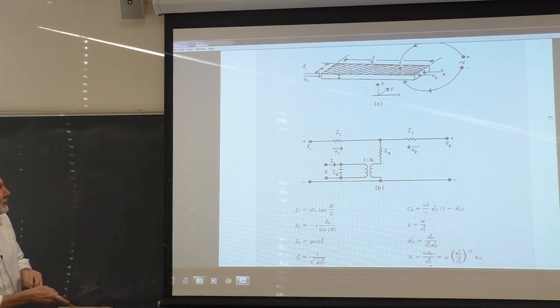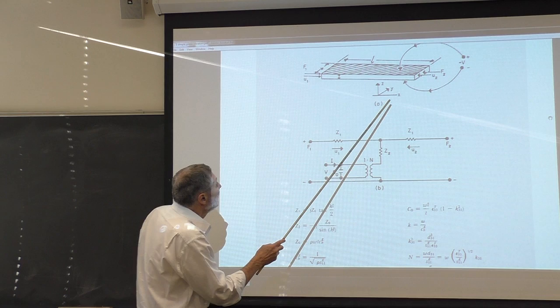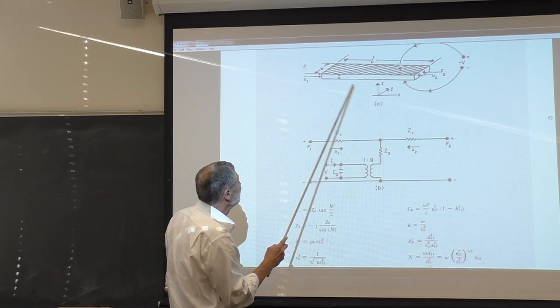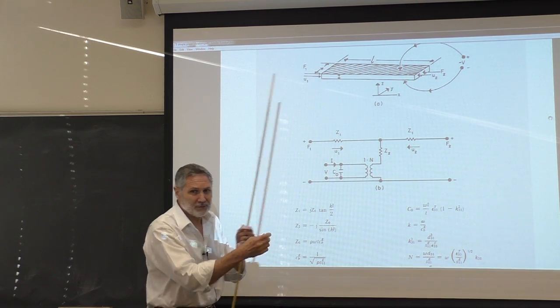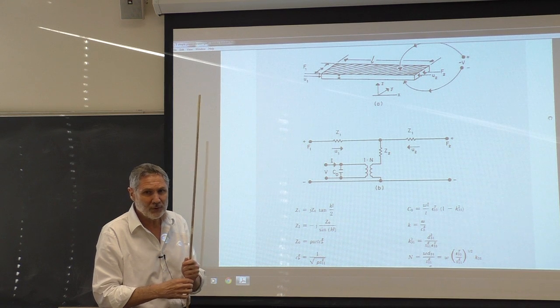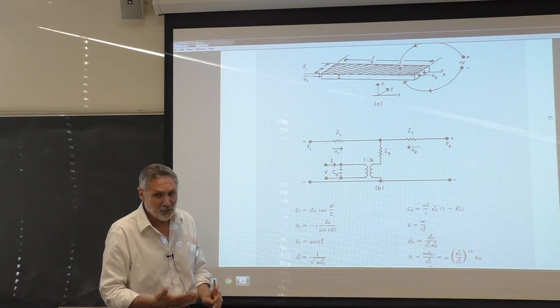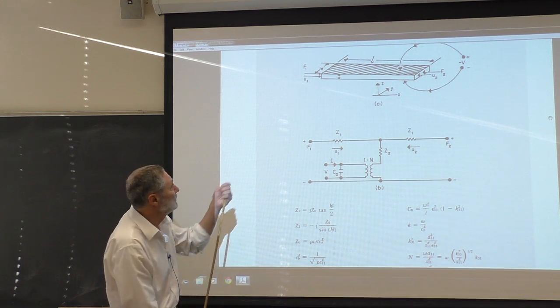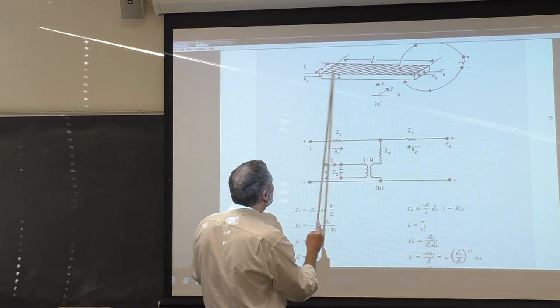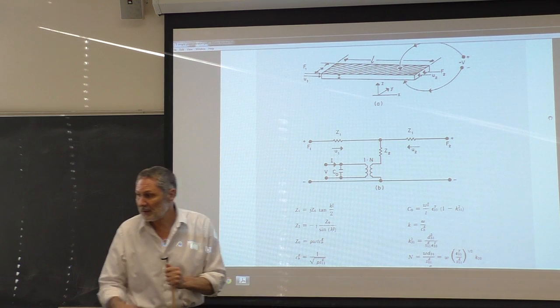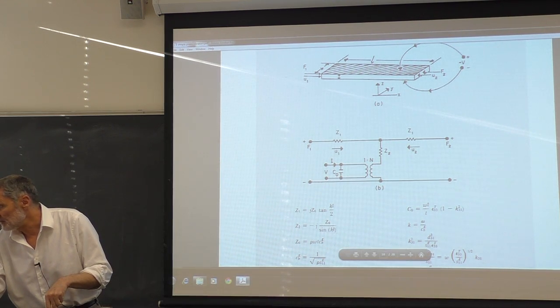But theoretically, if I interchange all one subscripts with two subscripts, I've got to get the same equations. It doesn't matter if we call this 1 or 2. They have to possess that symmetry.